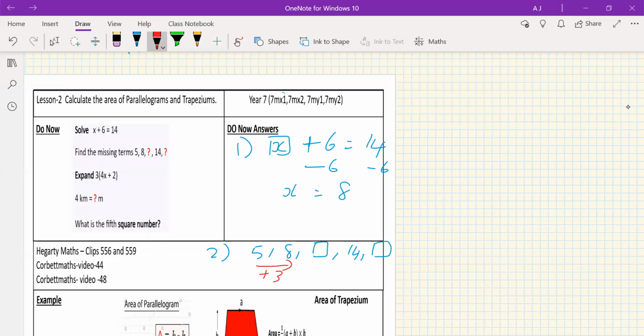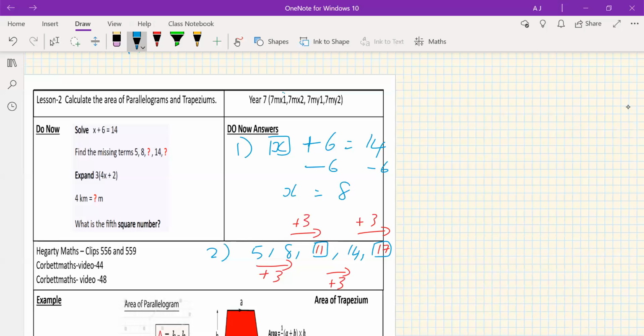So 5 add 3, I get 8. If I add another 3, what do I get? I get 11. That is the one missing from there. And I can double check: 11 plus 3, I get 14. Add another 3, I get 17. So 11 and 17 are the missing 2 terms in that question.